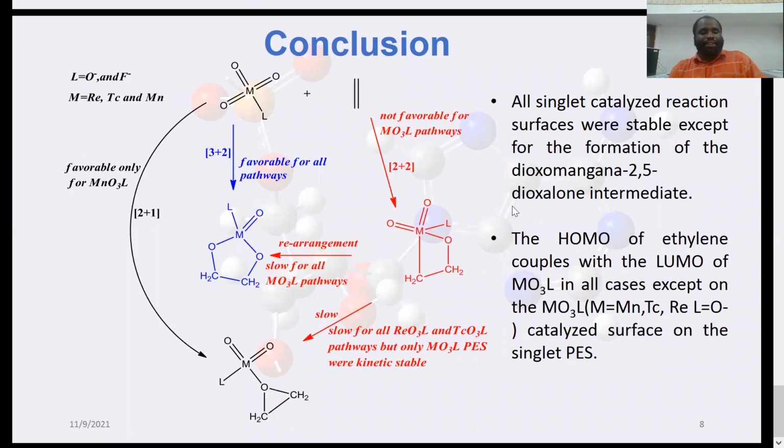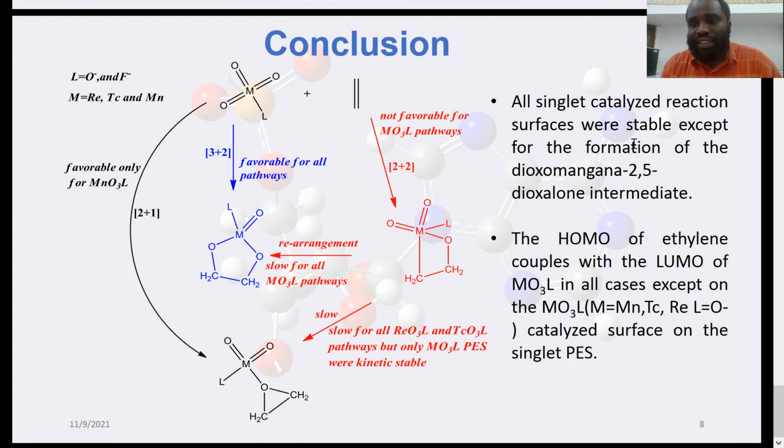In conclusion, it can be said that Sharpless's argument on the mechanistic details does not apply for these types of oxidation, and the addition for these types of reaction rather goes through the 3+2 pathway. The direct 2+1 pathway is only feasible for MnO3F.